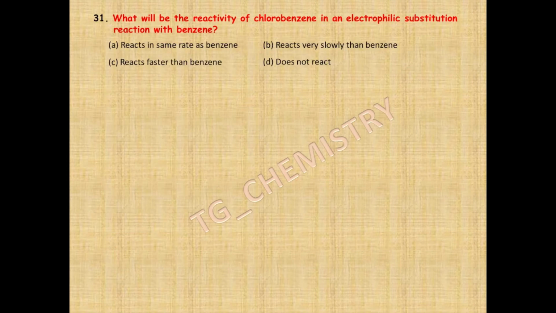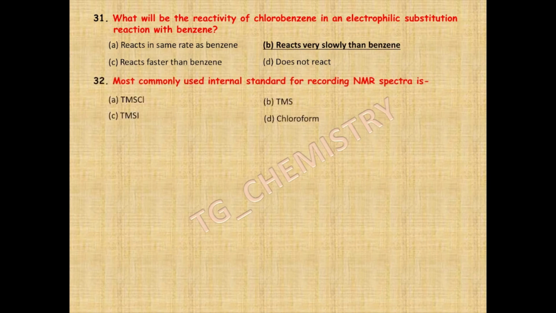Next is, what will be the reactivity of chlorobenzene in an electrophilic substitution reaction compared with benzene? Options are, chlorobenzene will react at the same rate as benzene, it will react very slowly than benzene, it will react faster than benzene, or it does not react at all. Now the right answer is option B, it will react very slowly than benzene.